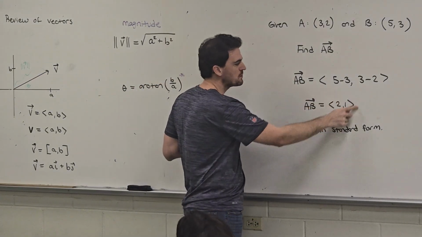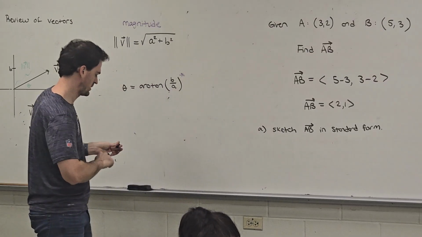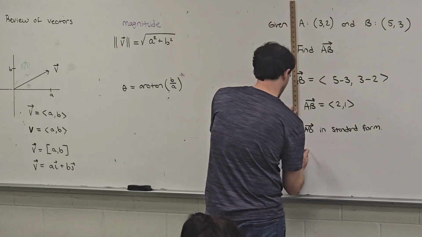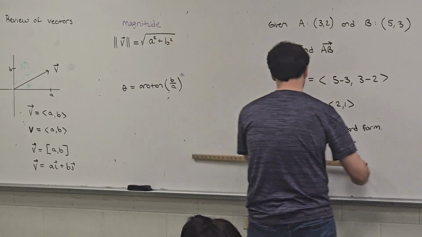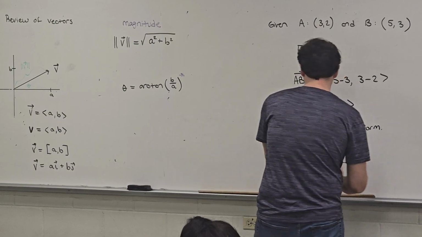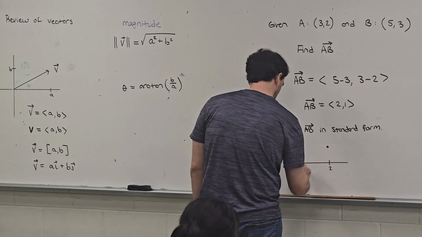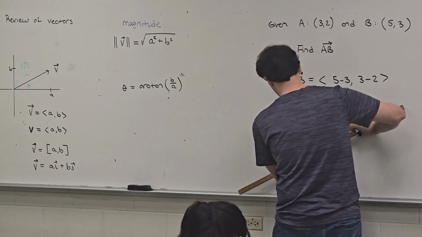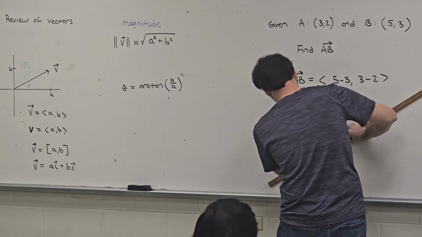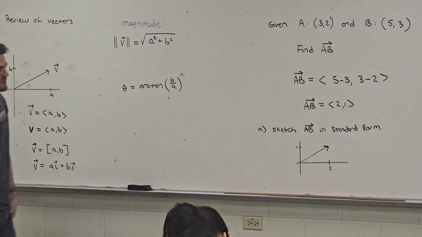Well, this component form that we wrote it in is the point where we land. So there's my vector AB.